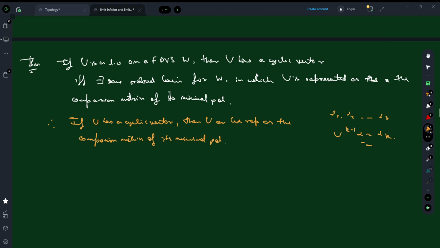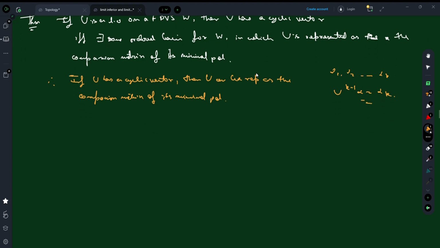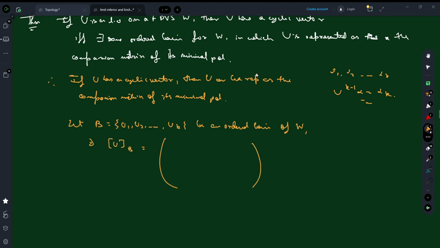What about the converse? What can we say about the converse? Observe that if you have some ordered basis, let B be alpha 1, alpha 2 till alpha k, an ordered basis of W such that the matrix of U with respect to B is of this form. So it's 0, 1, 0, 0, 0, 1, 0, 0, 0, 1, so on, 1.